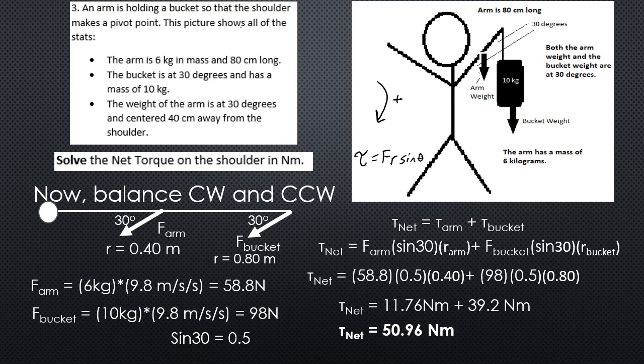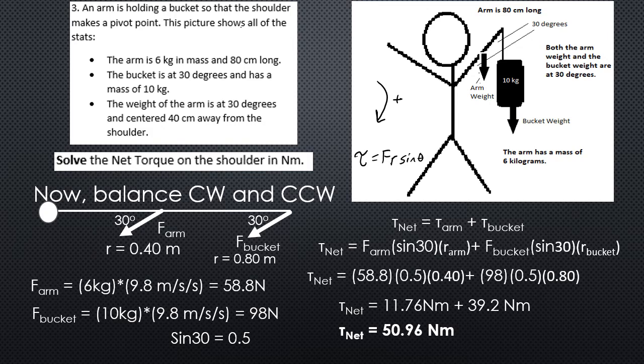So technically, if you want, you can look at this two ways, right? Because in a situation where someone's lifting something with their arm, as long as they're continuing to lift it, the net torque is quote unquote zero, but that's because the muscles within the shoulder itself are applying a resisting torque to hold everything up. But in this case, if you think of it as how much torque is on the shoulder, how much torque does the shoulder have to support?